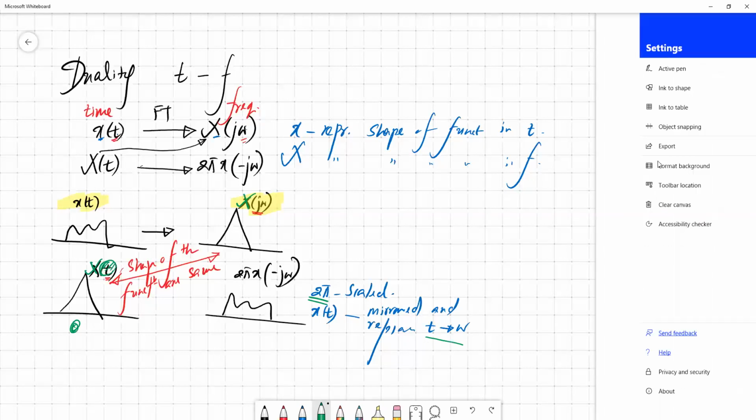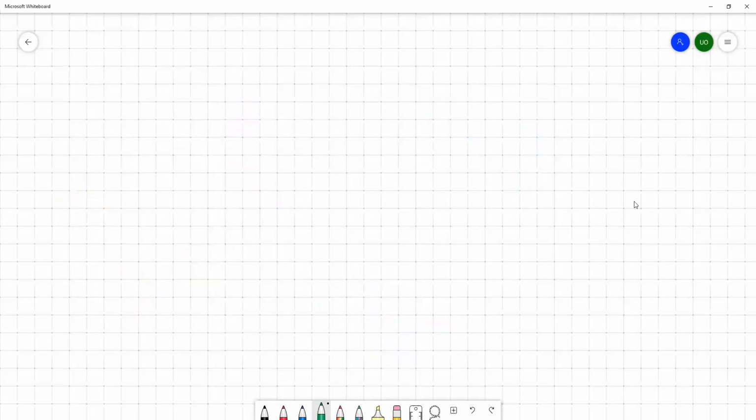For example, if we refer to the previous set of examples, initially we discussed this kind of example.